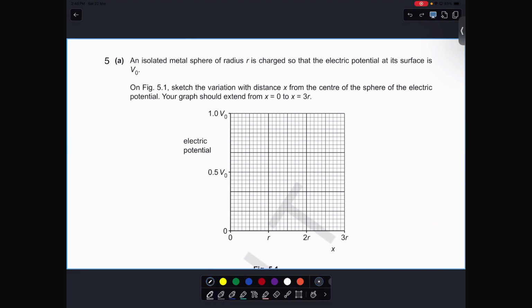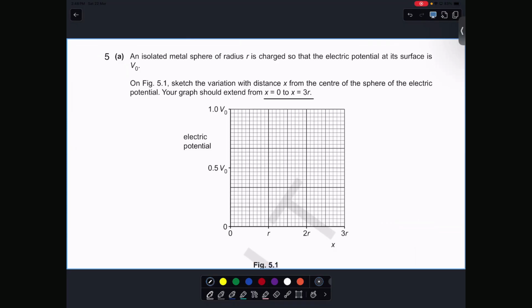But they're using these values, so you have to be a little bit specific about your values of field strength. Can you tell me what is my variation of V with r? Is it inverse square law or inverse? Inverse, right? So at r what will your value be?